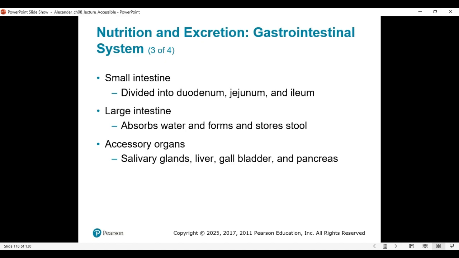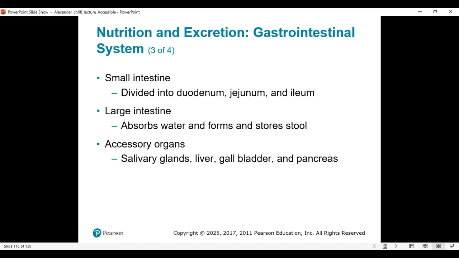The gallbladder is a storage vessel for the bile, which is created by the liver to break down fats. And our pancreas. Why would the pancreas be involved in the digestive system?